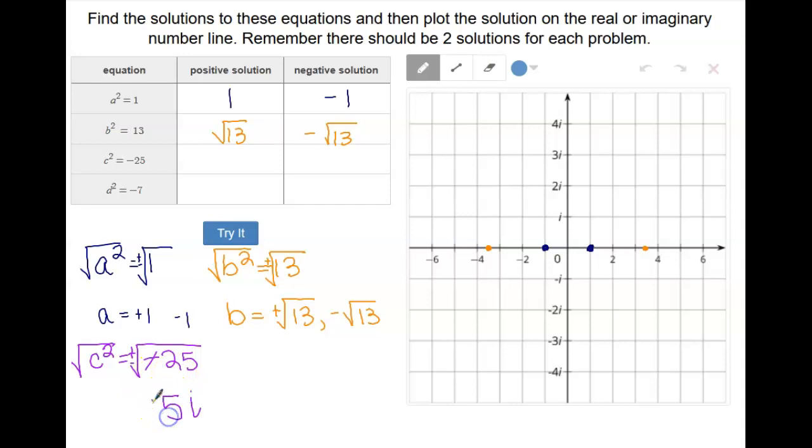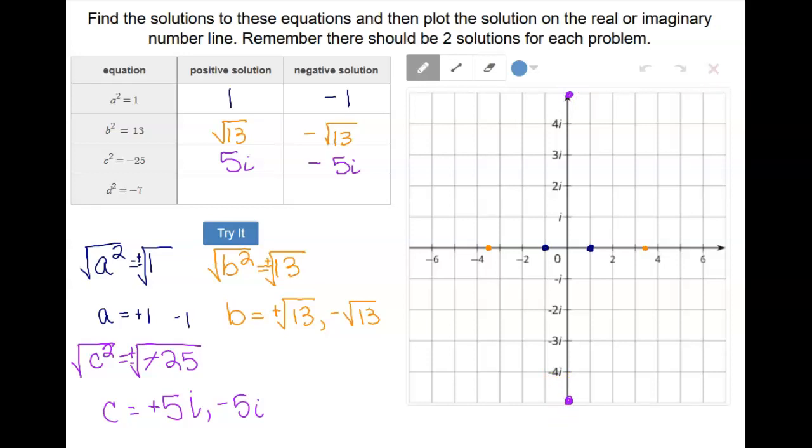So this would be 5i, and we have to do the positive version and the negative version. And so we're going to plot that on our imaginary axis because those are imaginary numbers. Anything that has an i with it is an imaginary number. So we have positive 5i and we have negative 5i.